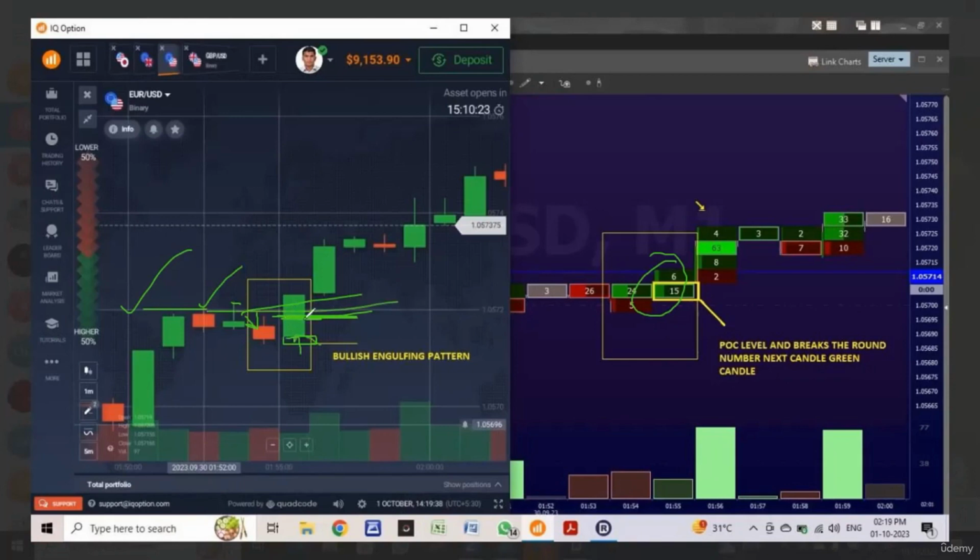But the POC broke, that means the breakout point is a break bar. After a breakout, if volume is high here, that is also okay. But in this case, it's not perfect because the high volume is at the resistance level. When the market creates that type of situation, it's risky.